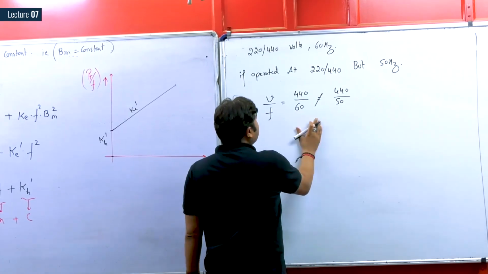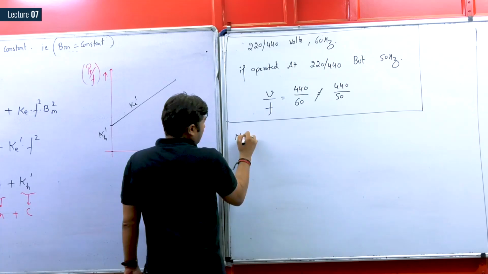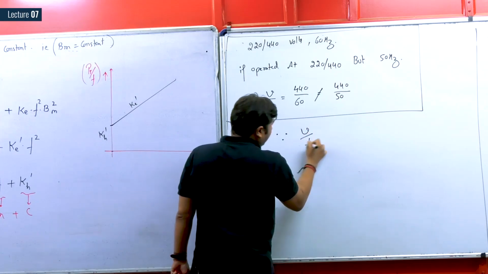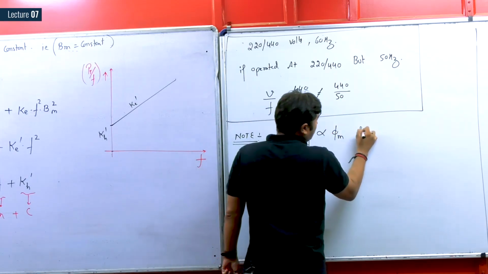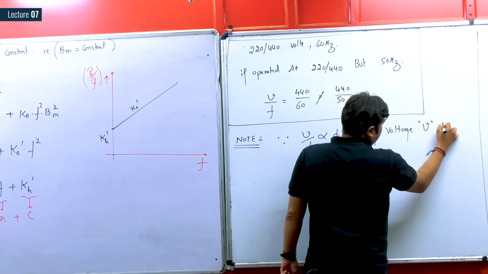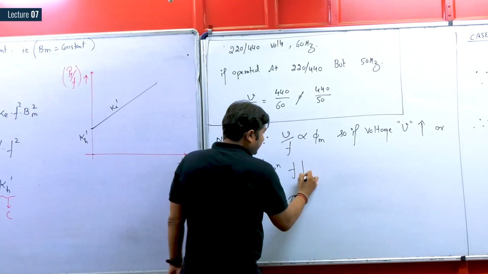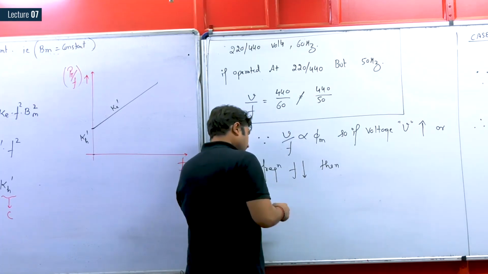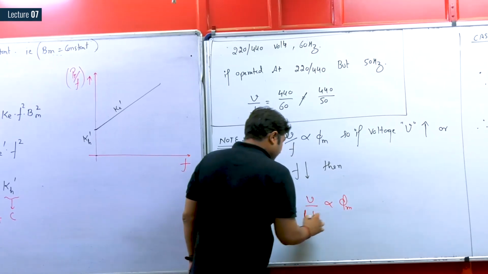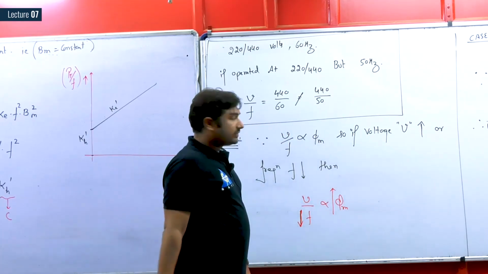Please observe this, just in order to understand, and keep this note in mind. Since V by F is proportional to phi m, if voltage V increases or frequency F decreases, then the maximum operating flux of the transformer increases.